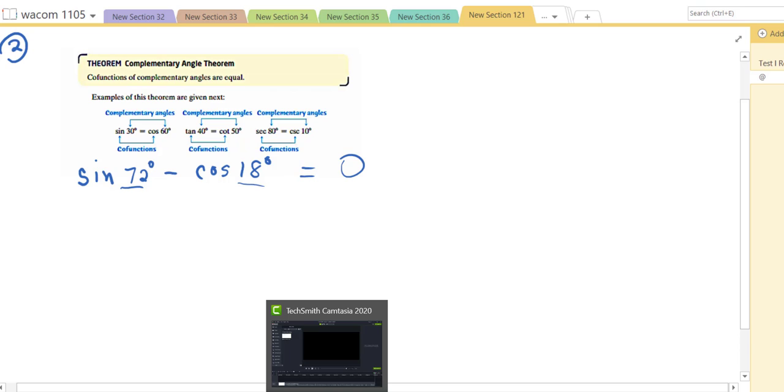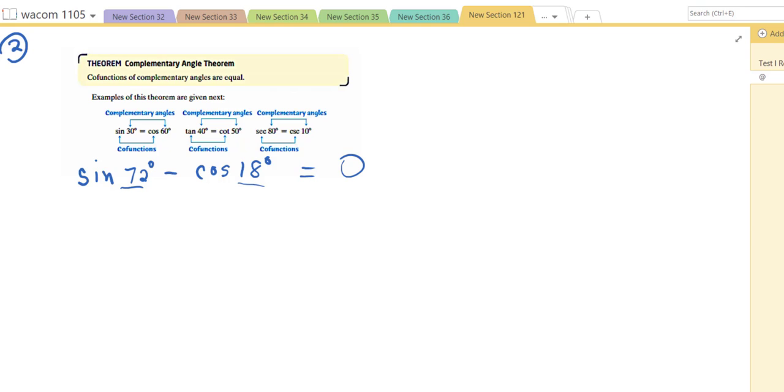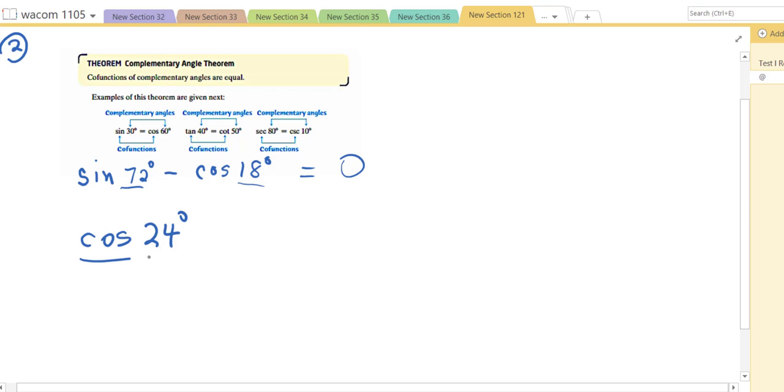You can also have these in a division form. Whoops, sorry about that. So if we have cosine of 24 degrees over sine of, let's see, 80.